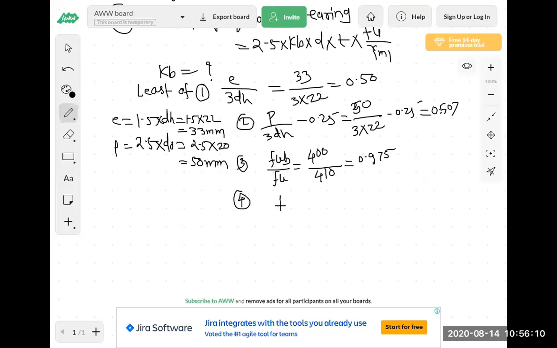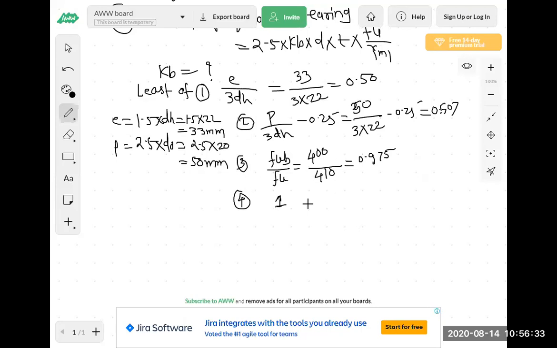And number 4 is 1. Are you clear about these 4 values?